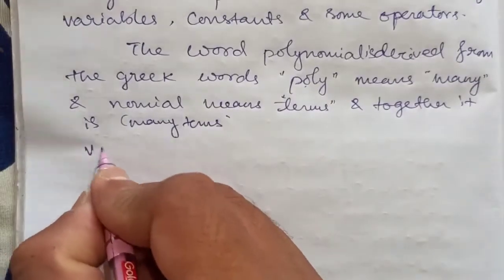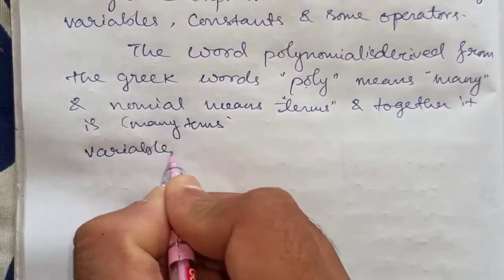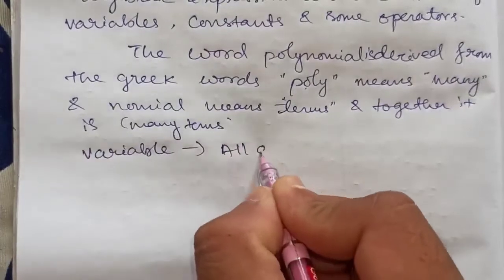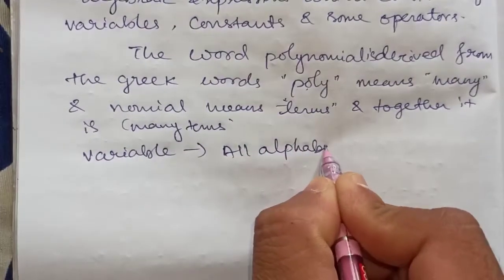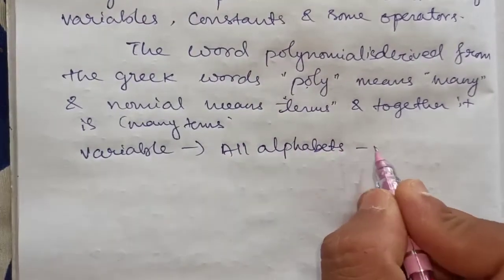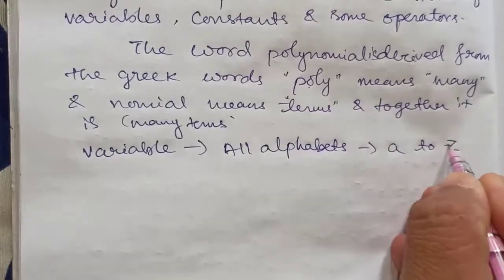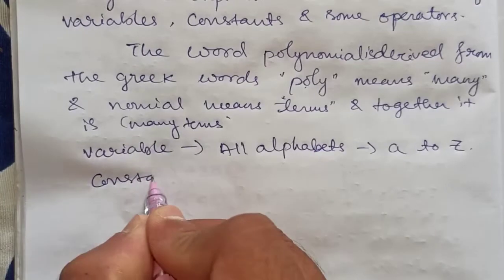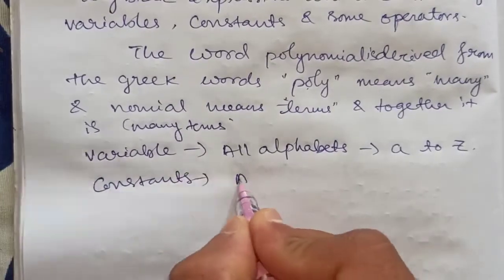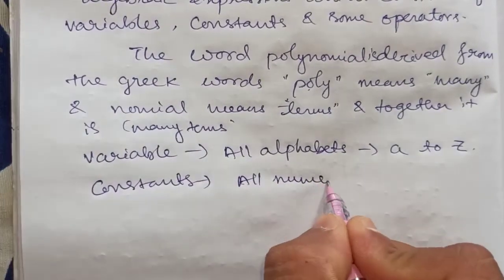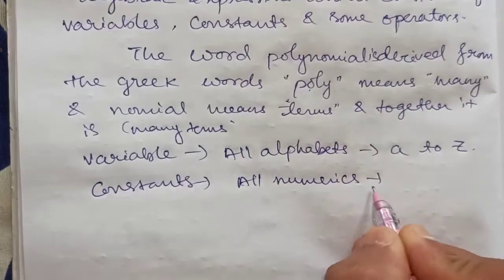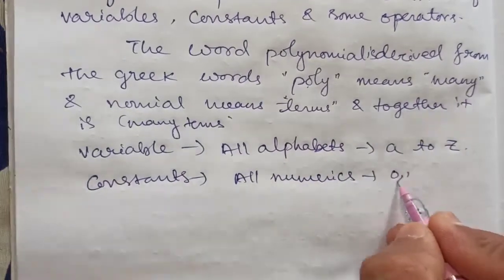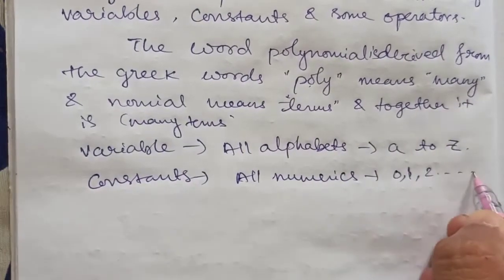What is a variable? Variable means all alphabets. All the alphabets from A to Z are treated as variables. What are constants? Constants are all numbers, all numerics, 0, 1, 2, up to infinity.